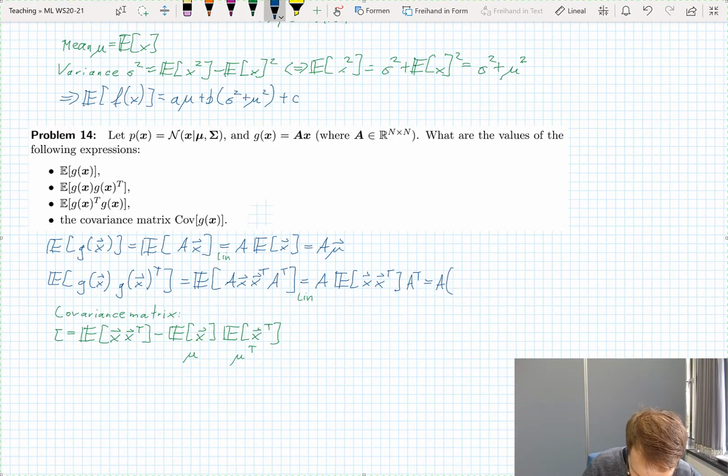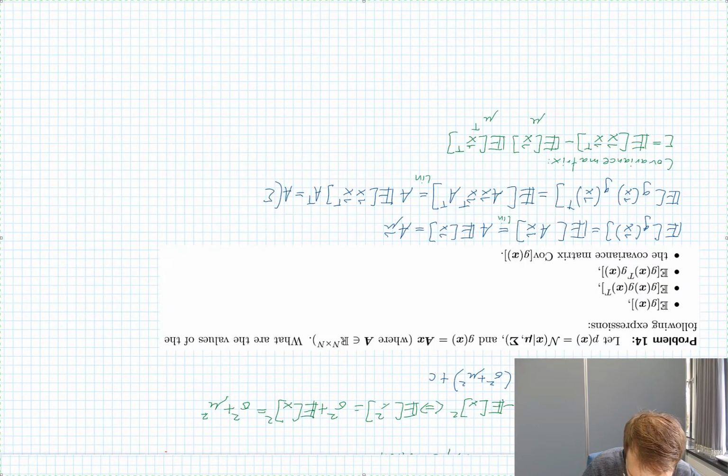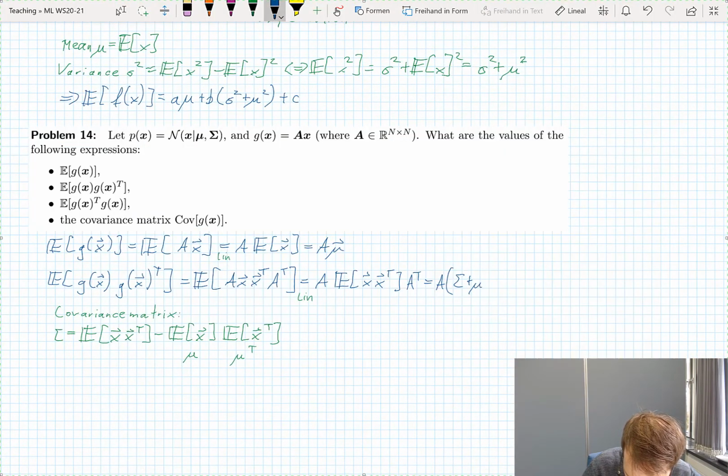So we can say this is A times sigma plus mu mu transposed, times A transposed. And that's the reason for this.